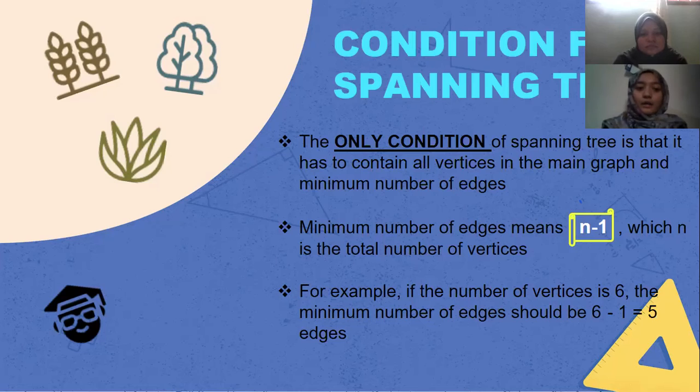The formula for the minimum number of edges is n minus 1, where n is the total number of vertices. For example, if the number of vertices is 6, the minimum number of edges should be 6 minus 1 equals 5.